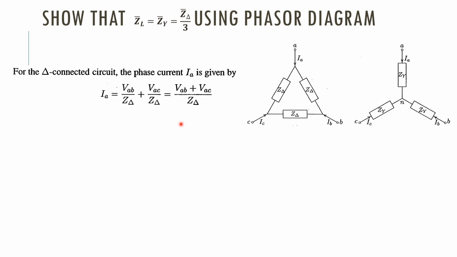If you consider the phasor diagram of this one, VAN, VBN and VCN will be in this way. The line voltages are equivalent to these voltages, right? Because this is a symmetrical system, it is modeled in delta connected load, and this is modeled in ZY star connected load.